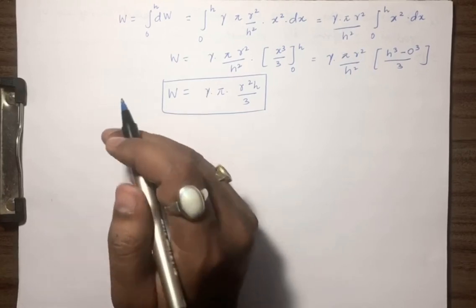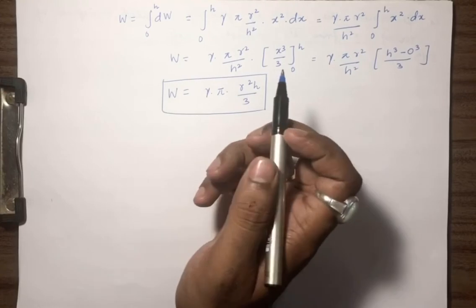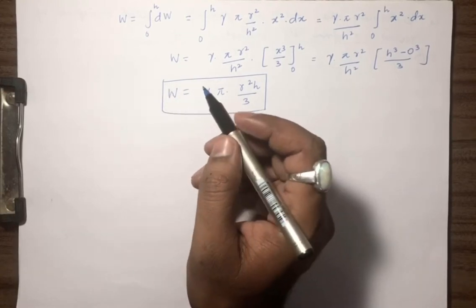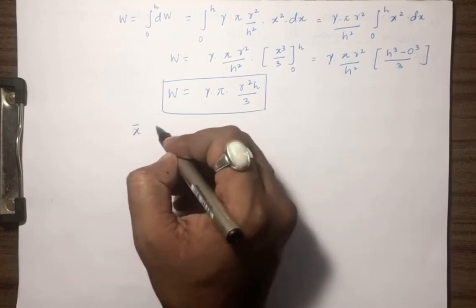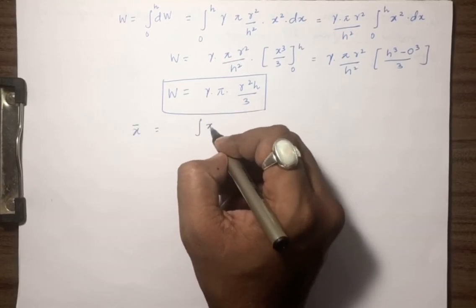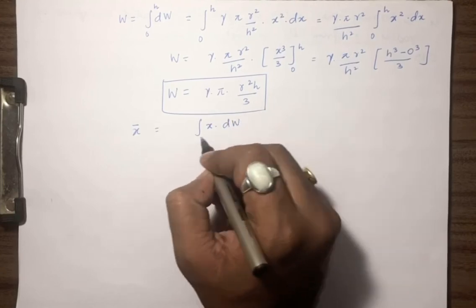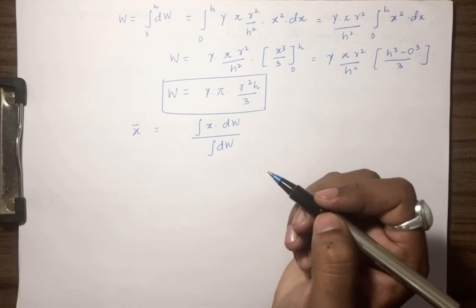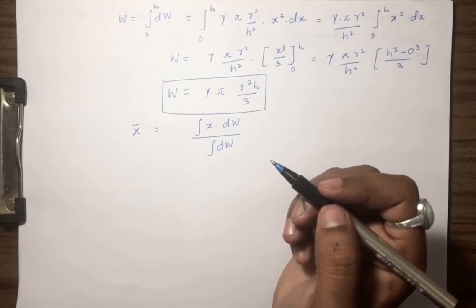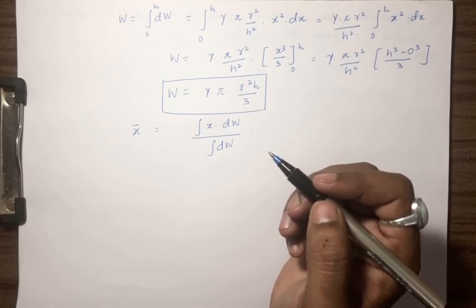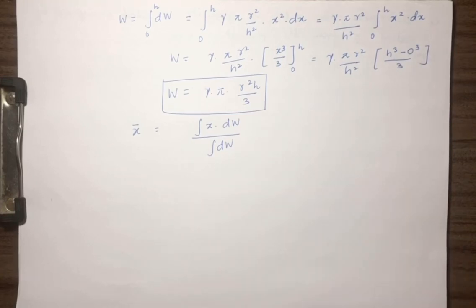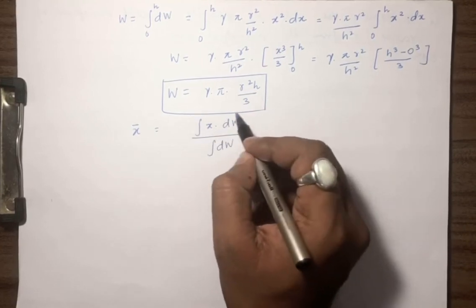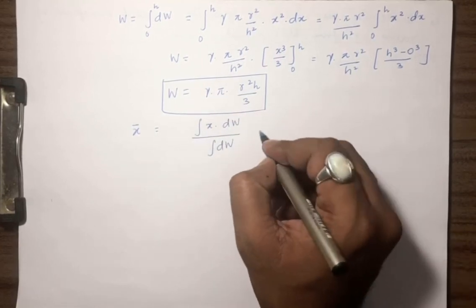So we want to calculate the x bar. So how we are going to do that? x bar is integral x dW upon integral dW. Okay, so W we have calculated like this. So now we have to calculate this quantity.